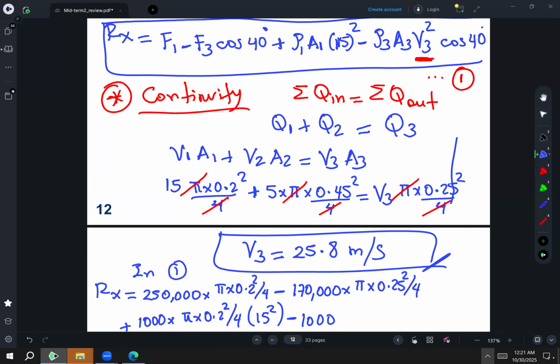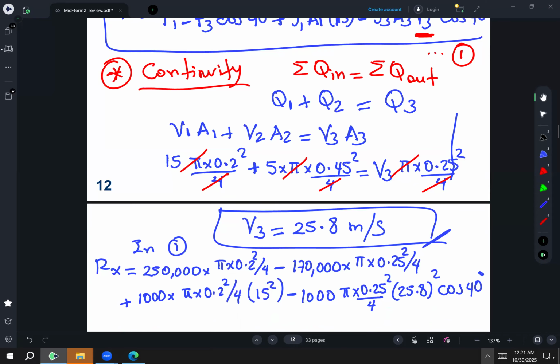Area 3 is going to be pi times 0.25 squared divided by 4 times velocity 3, and the velocity 3 is 25.8 squared cosine 40 degrees.